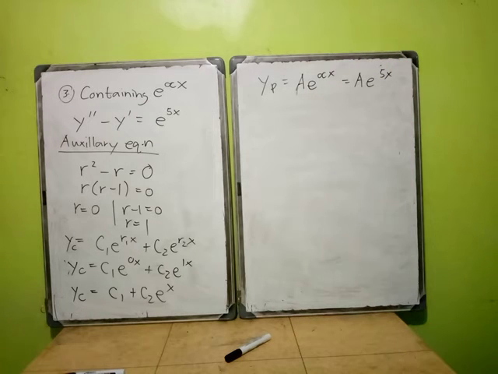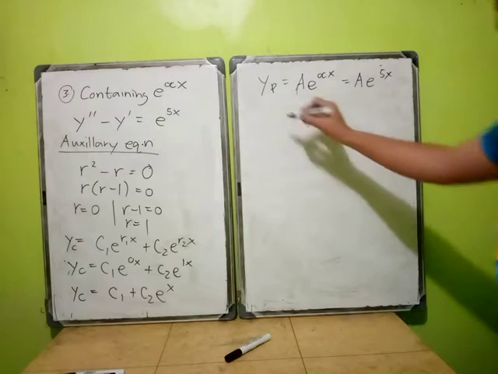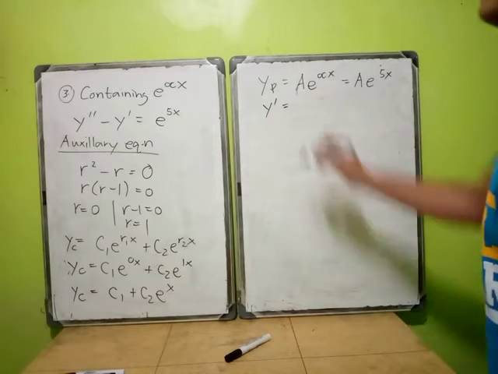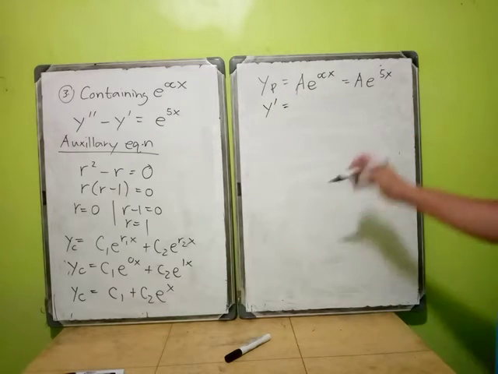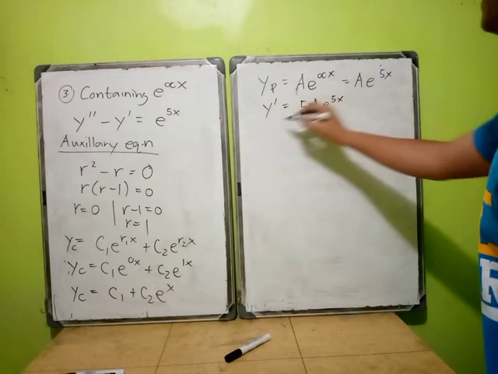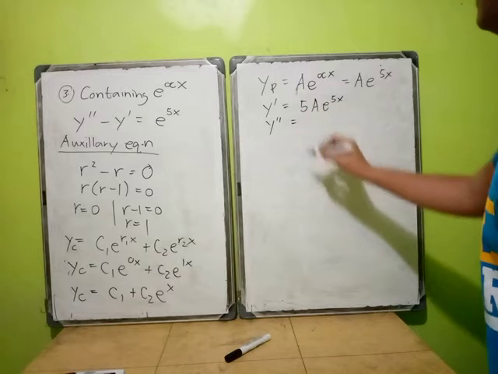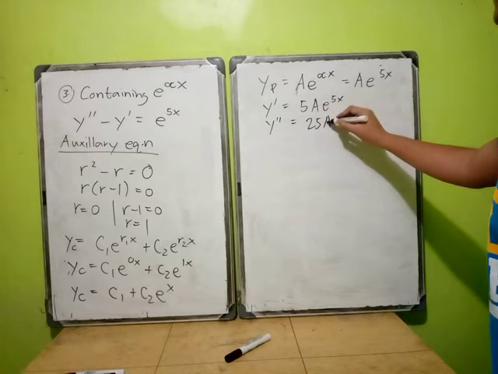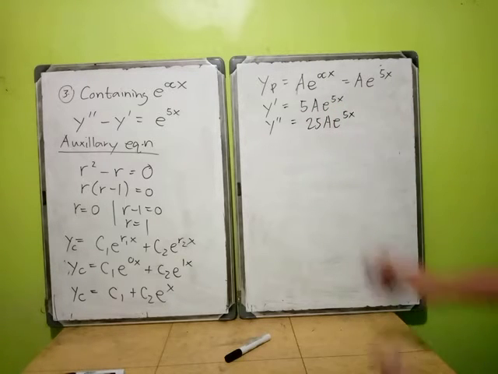So that's it. Therefore, the first derivative of y is 5A e to the power of 5x, and y double prime is 25A e to the power of 5x.